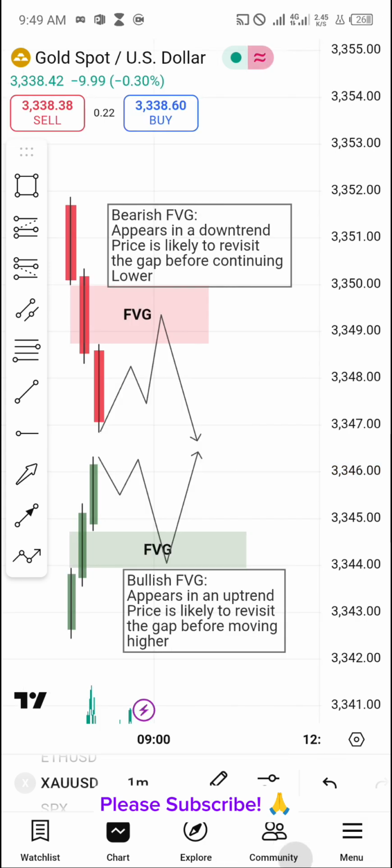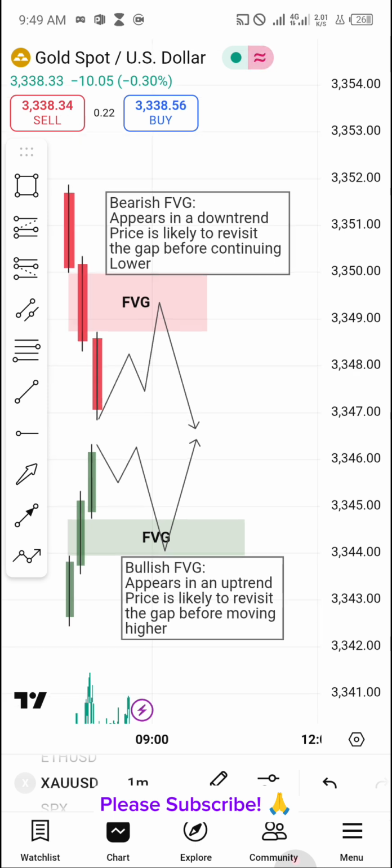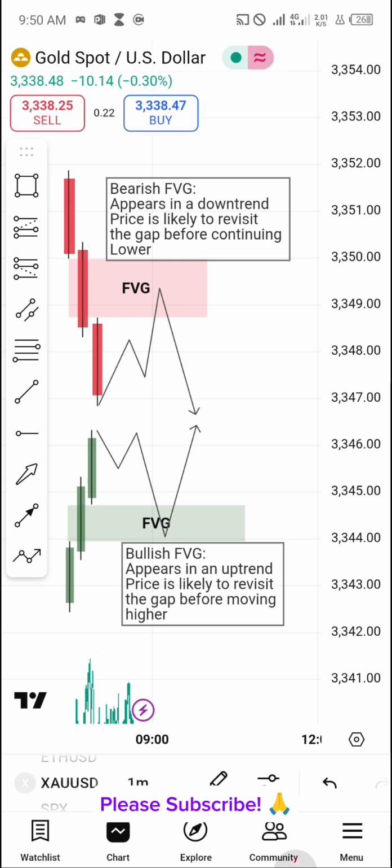So guys, the bearish fair value gap often appears in a downtrend, and price is likely to revisit the gap before continuing lower, just as you can see on the diagram. And the bullish fair value gap appears in an uptrend, and price is likely to revisit the gap before continuing to the upside or before moving higher.